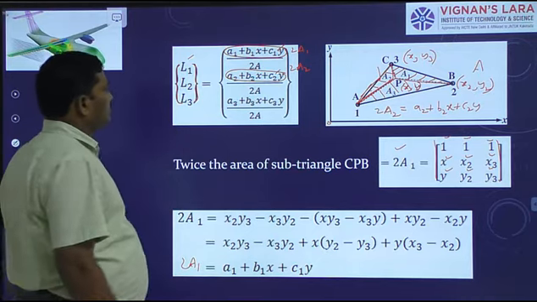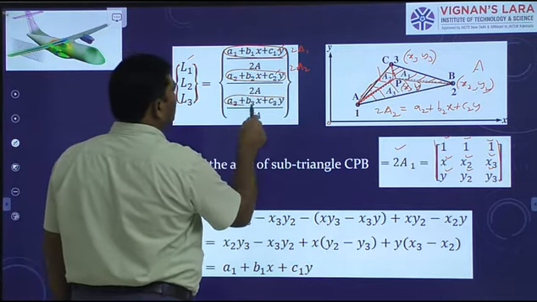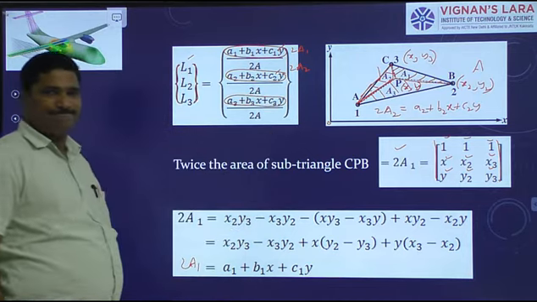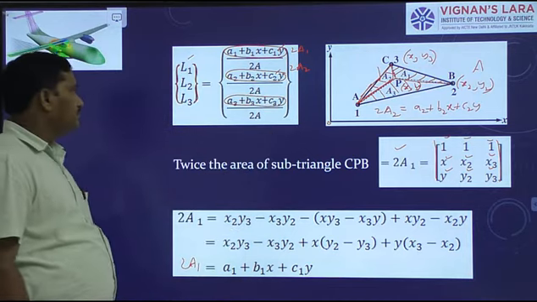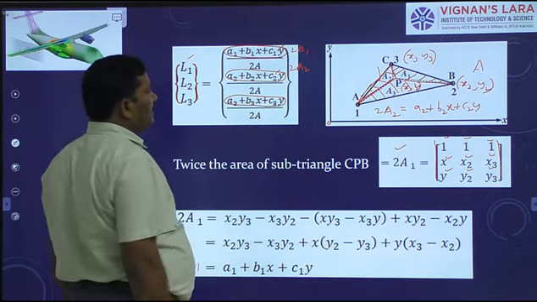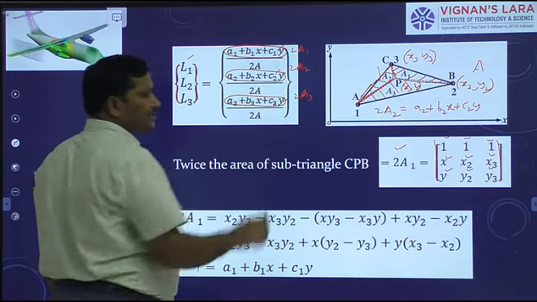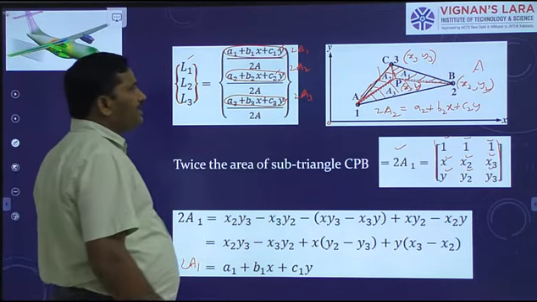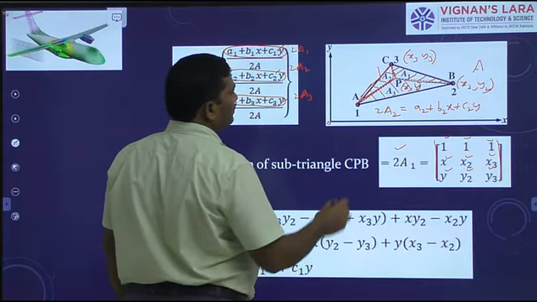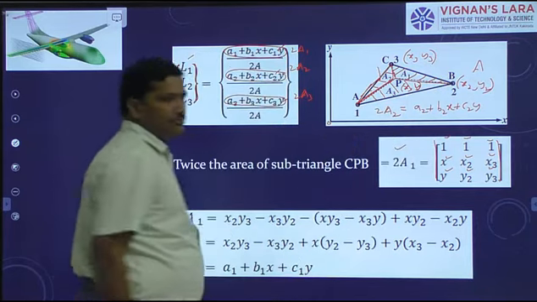Next, L3. To determine L3, determine this A3 plus B3x plus C3y. When you determine, what do you get? A3 plus B3x plus C3y, you get 2A3. That is twice the area of the triangle ABP.